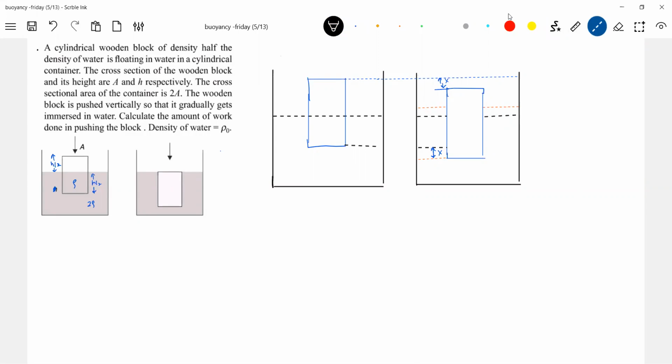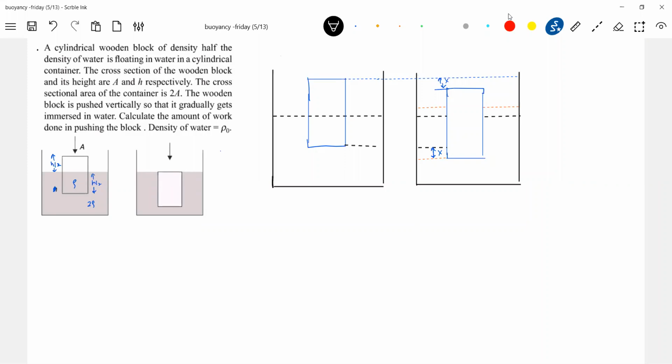This was the initial level of liquid. So what should happen to the level of water? It should increase, definitely, we are very sure. Let's get into how much the level of water should increase. This is my question.